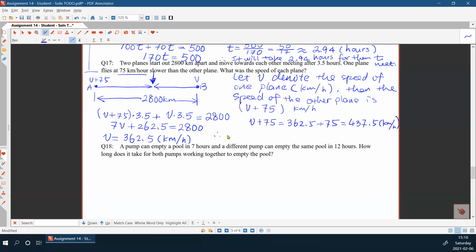Okay, so the conclusion is the slower plane travels at 362.5 kilometers per hour, and the faster plane travels at 437.5 kilometers per hour. Okay, any questions?